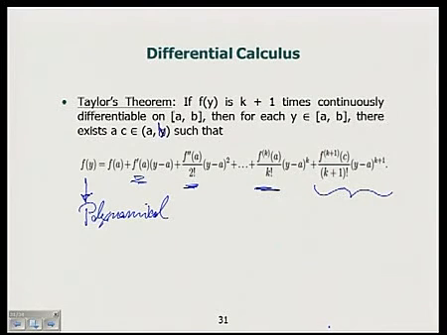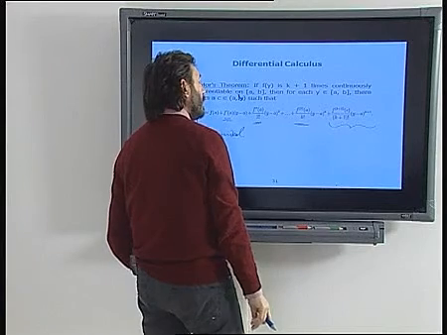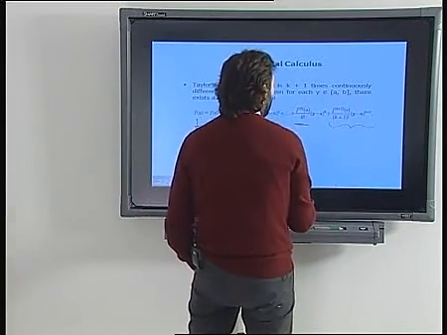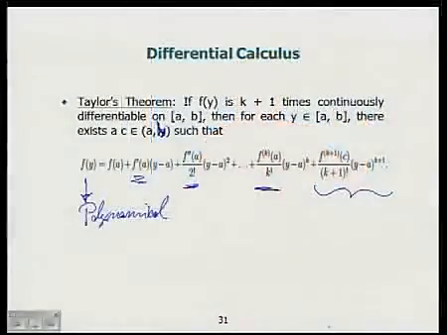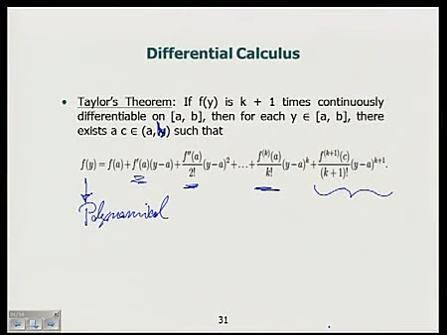This is AB, not y, such that f of y is a summation of f of a, plus the first derivative at a times y minus a, plus the second derivative at a times y minus a squared over the factorial of 2, till the kth derivative at a over k factorial times y minus a to the k, and then I can build the k plus 1 derivative of f at the point C over k plus 1 factorial, obviously, times y minus a to the k plus 1.